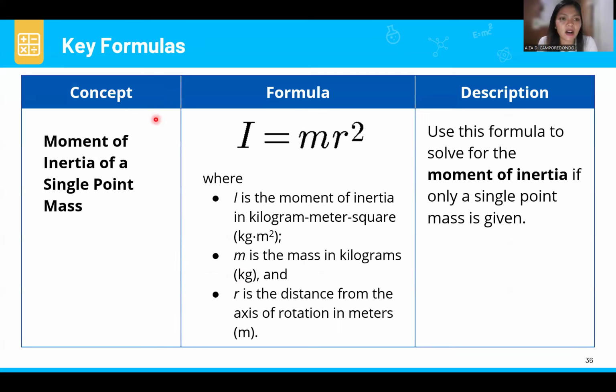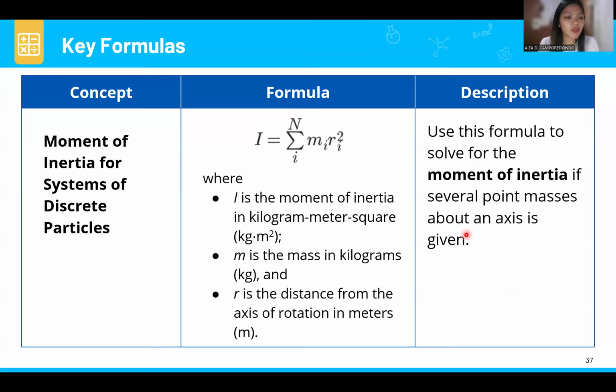Next, we have here the key formulas. I have said this earlier: for moment of inertia of a single point mass, we're going to use moment of inertia equals mass multiplied by radius squared. This formula can be used if there is only a single point mass given.